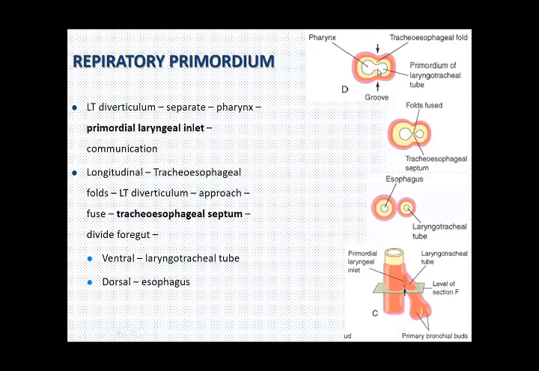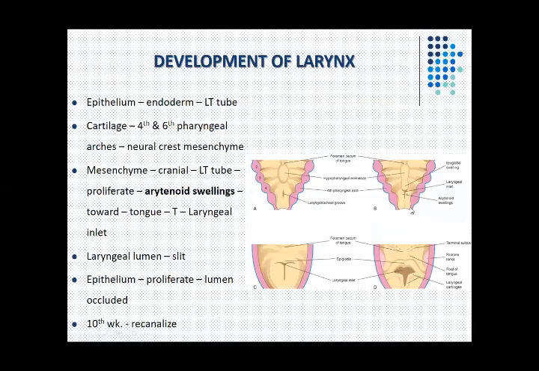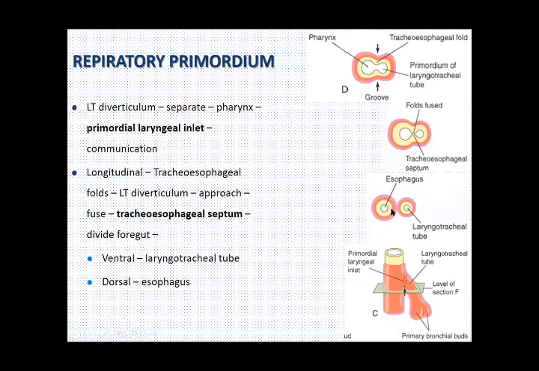These folds approach each other and then they fuse with each other and they divide the foregut into two tubes, a dorsally placed esophagus and a ventrally placed laryngotracheal tube.